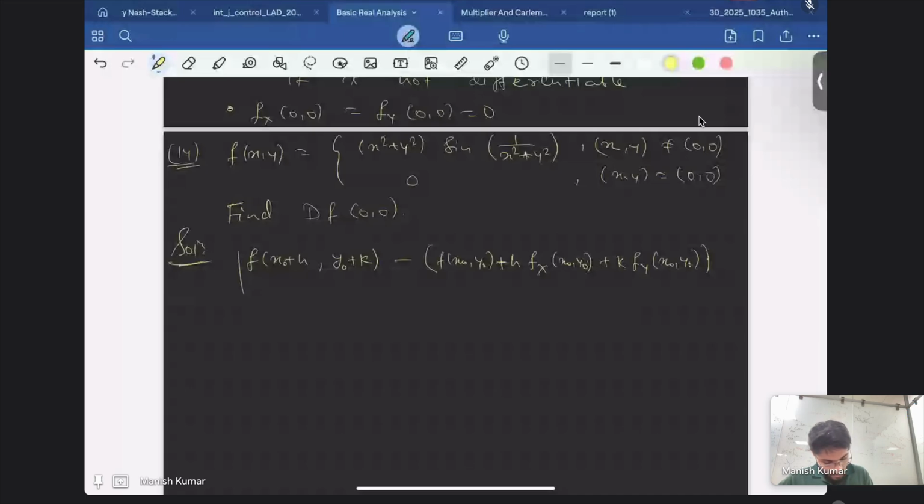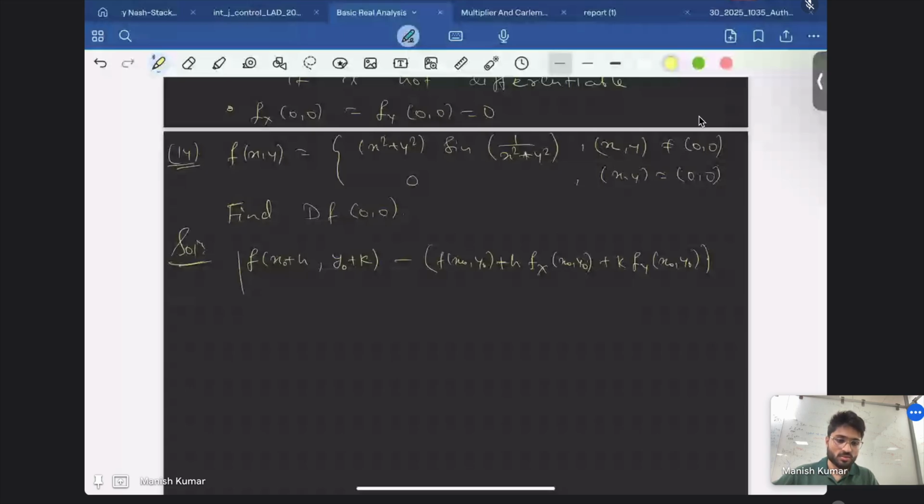Now here I want to show it at 0, 0. Why have you taken the modulus, sir? Here I am just trying to estimate this, so I don't want to deal with plus or minus. If the modulus goes to 0, the interior thing also goes to 0. So it's the same thing, not an issue.